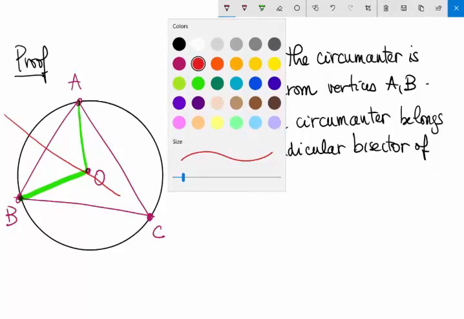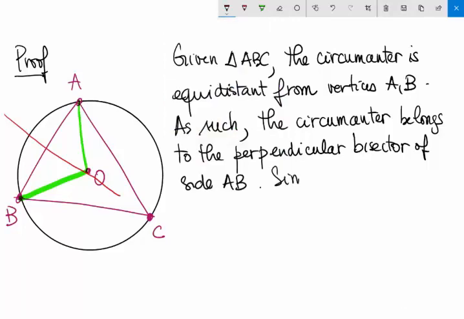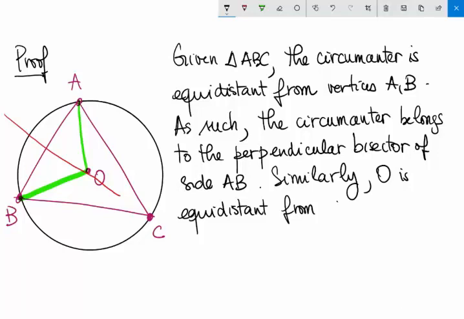Okay. Now, similarly, O is equidistant from B, C, and also A and C, right? Because if you look at OB and OC, they are the same, and then OA and OC are also the same.